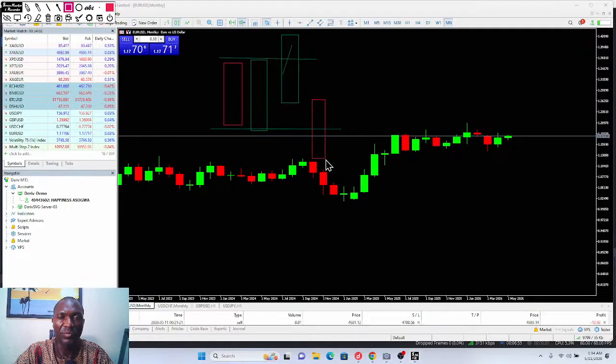If it should break it to the downside, it's a downtrend. Now, this is the pattern that price has created.